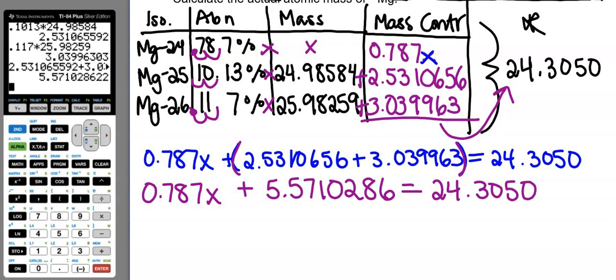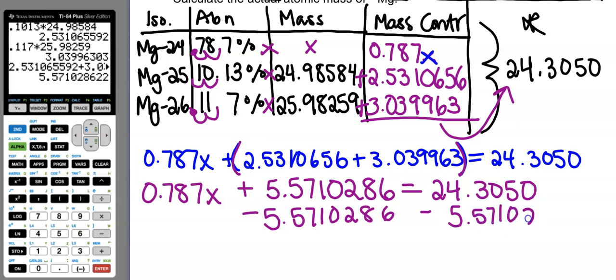So we're adding 5.5710286. We want to move that to the other side. So we want to do the opposite. We want to subtract it. So 5.5710286. And if we do something on one side, we're also going to do it on the other side. Minus 5.5710286.